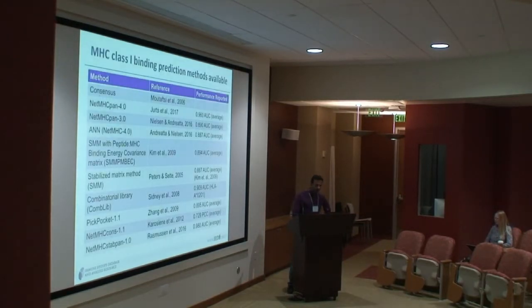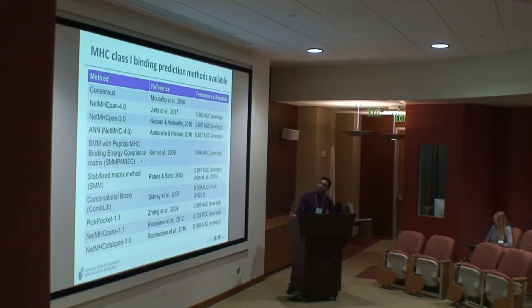Coming to how many algorithms we have for MHC class 1, these are the different tools that we have. We have the consensus tool, which is a combination of 3 different methods, and these are the different tools that we have. NetMHCpan, which is recently published, and there are different AUC values reported in this paper, for 4 different tools. So these are the tools based on machine learning or matrix based methods that Bjorn has already discussed in his presentation, how we are doing that.